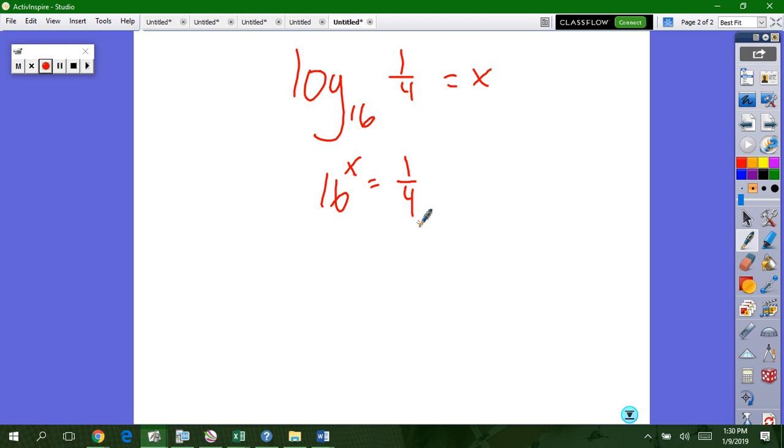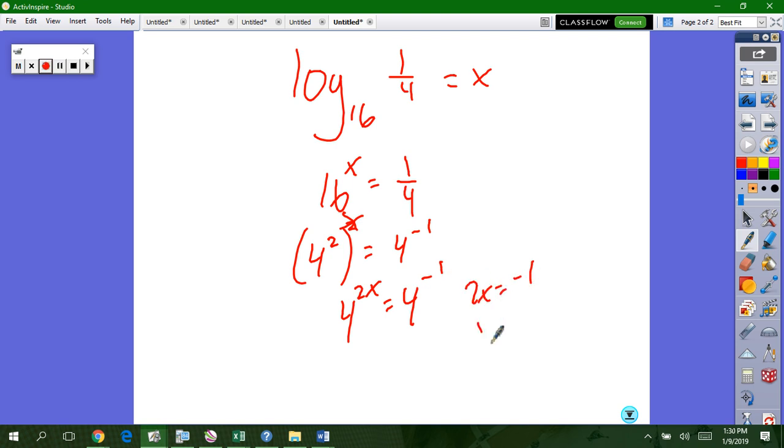Yes. 16 is the same thing as 4 squared, so 4 squared to the x. 1/4 is the same thing as 4 to the -1, because remember, he's downstairs. If they're like bases, first off, power to a power, we have to multiply. But if they're like bases, don't these exponents equal each other? So therefore, 2x equals -1, or x equals -1/2.